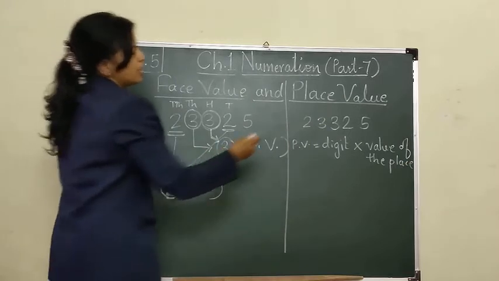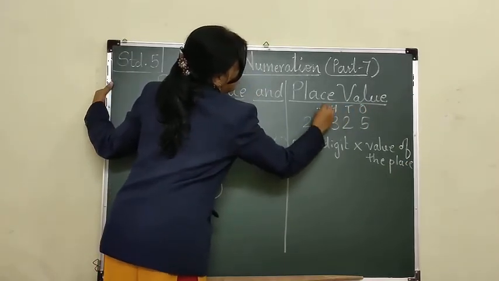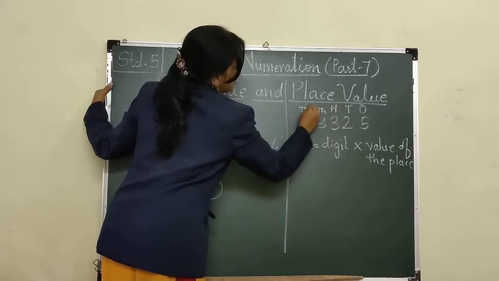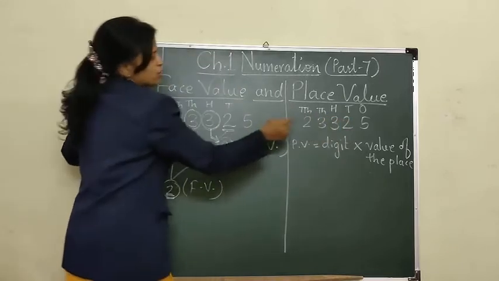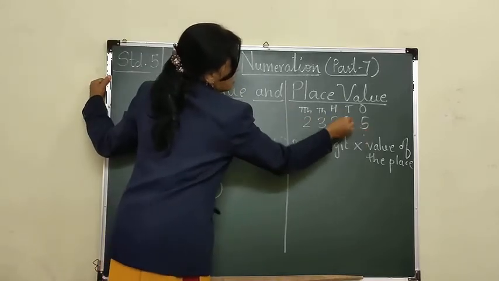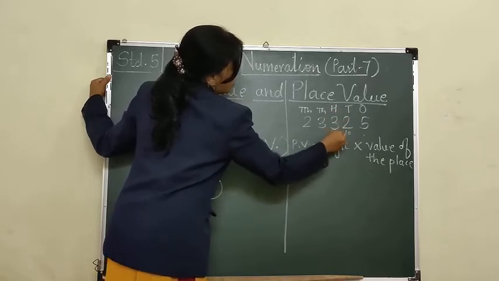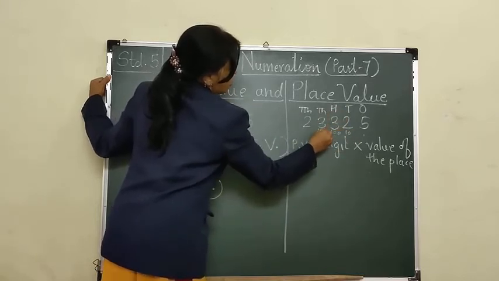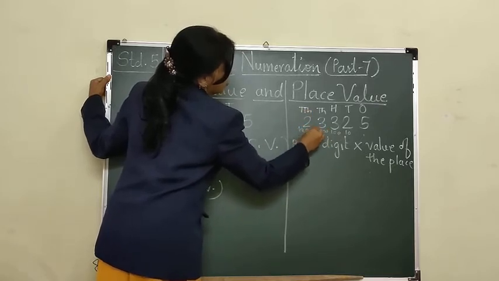As you know, these are the places for each digit here. Each digit is present at a particular place, and every place has its value. Ones place has the value 1. Tens place has the value 10. Hundreds place has the value 100. Thousands place has the value 1000. And 10,000 place has the value 10,000.